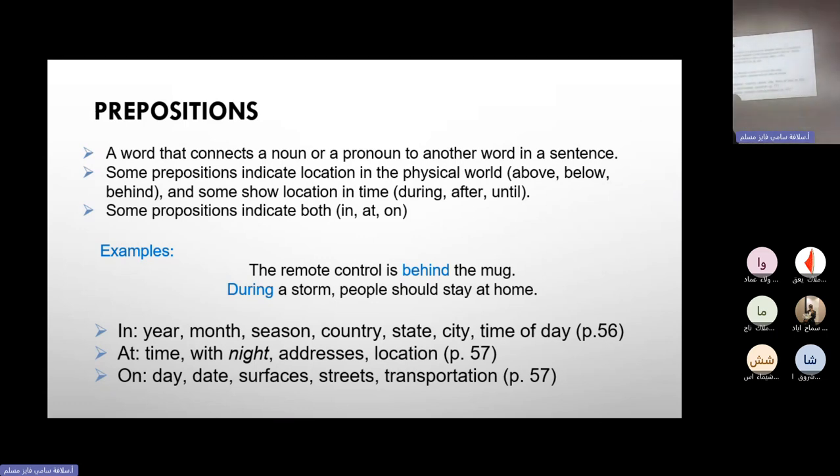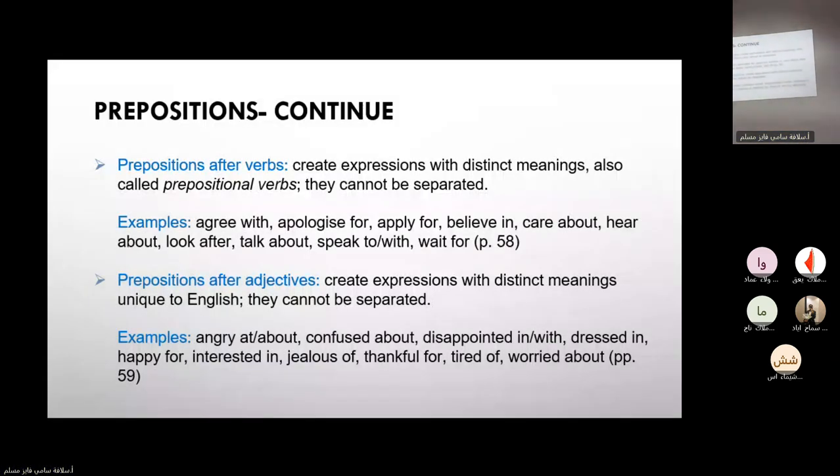In مثلا, we use it with the year, month, season, country, state, city, time of day. At, we use it with time, night, location, and on, we use it with day, date, street, transportation. Okay? So كل هاي عليها أمثلة في كتاب.